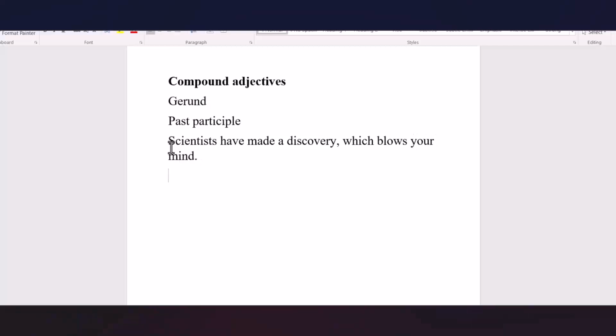So when you want to refer to this discovery more specifically, you modify it with a specific adjective connected to it. And that adjective is the mind-blowing discovery. The mind-blowing discovery means that this discovery blows your mind.